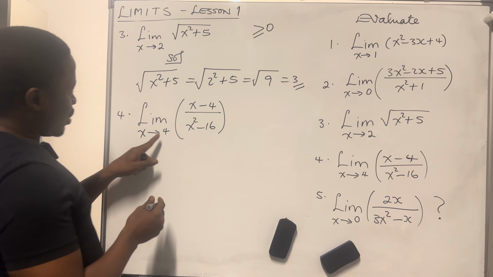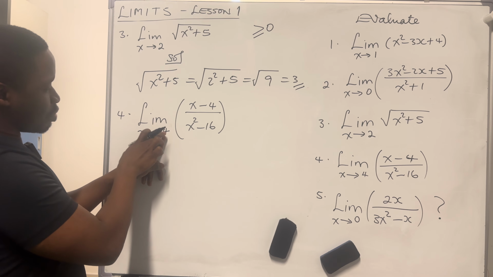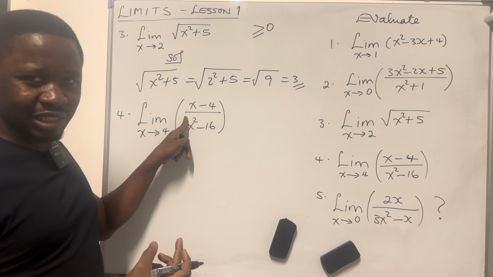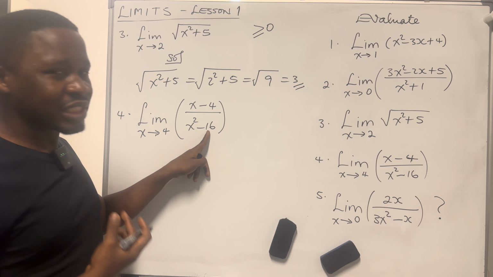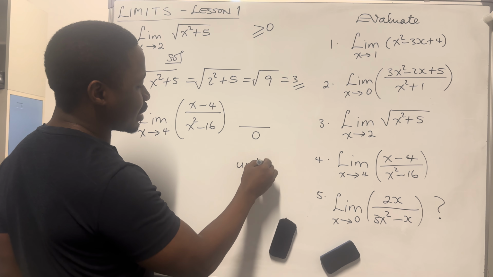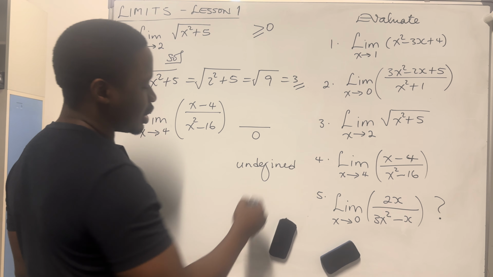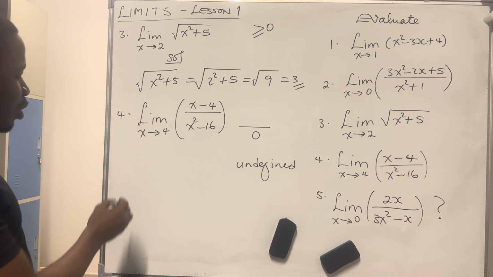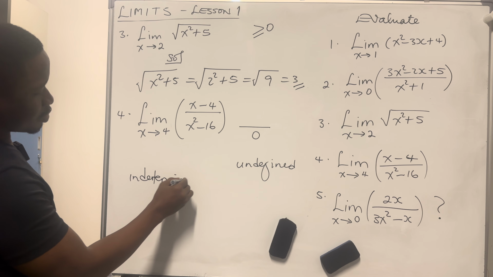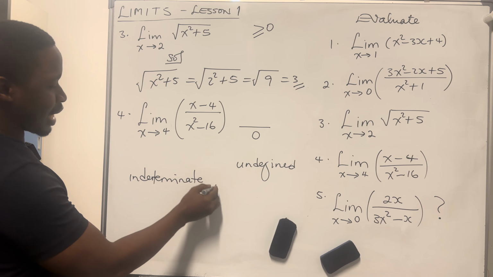If x is 4, 4 squared is 16, 16 minus 16 is 0. For rational functions, we don't want the denominator to be 0 because it will become undefined. This is one of the indeterminate cases, like 0 over 0.